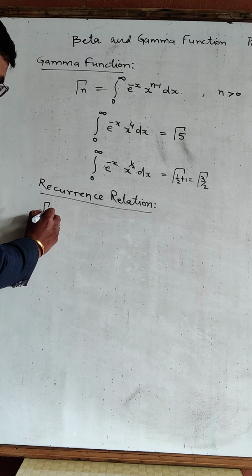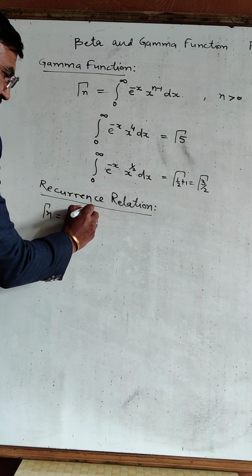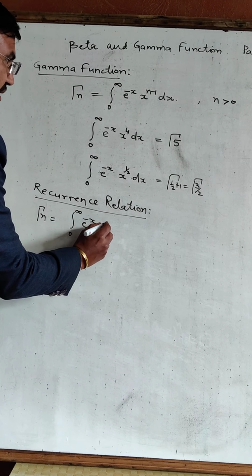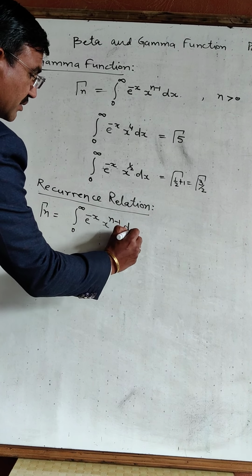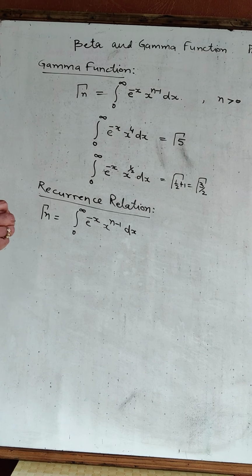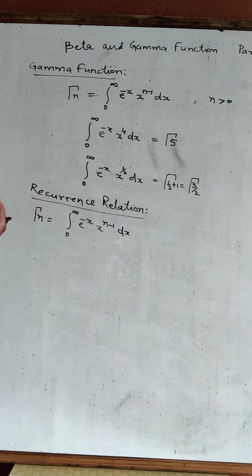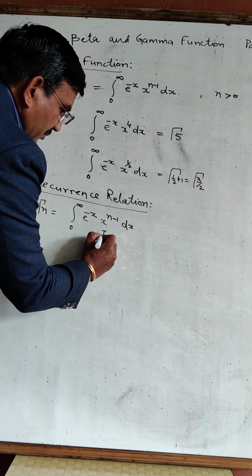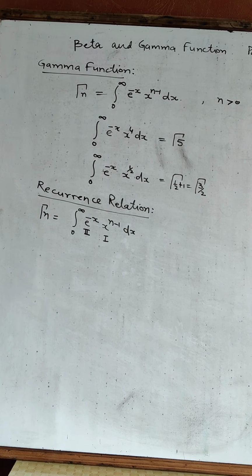Here gamma of n is integral 0 to infinity e raised to the power minus x, x raised to the power n minus 1 dx.